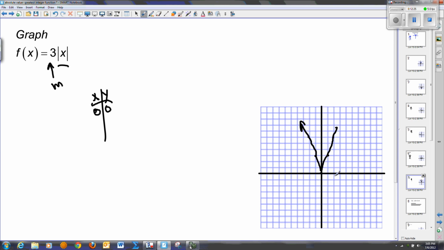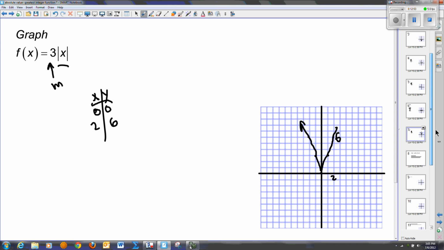Well, if I were to plug in a 2, that's the x value, I should get out a 6. Over here, plugging in a 2, absolute value of 2 is 2, times 3 is 6, and hey, what do you know? So I was able to actually graph that by knowing that this was my slope, and I could graph it very similarly to a line going to the right and use symmetry to graph the other half.